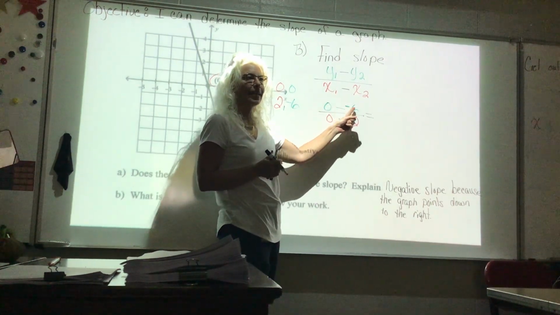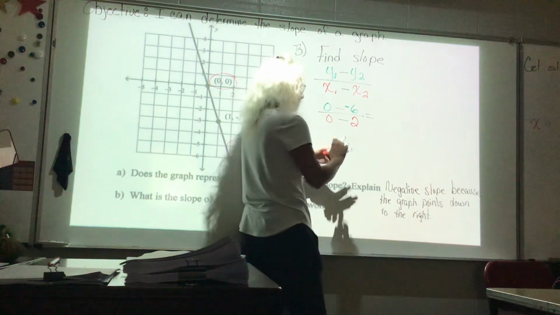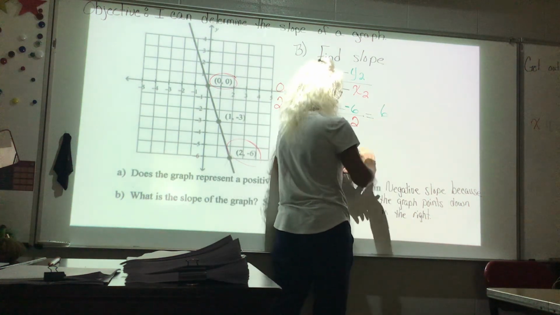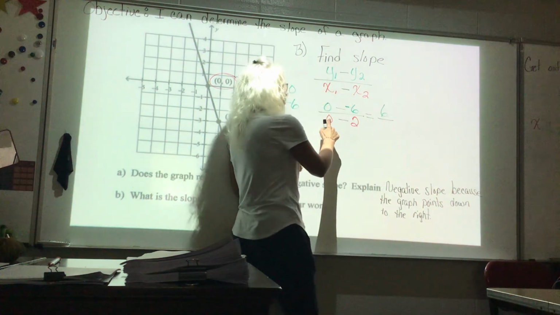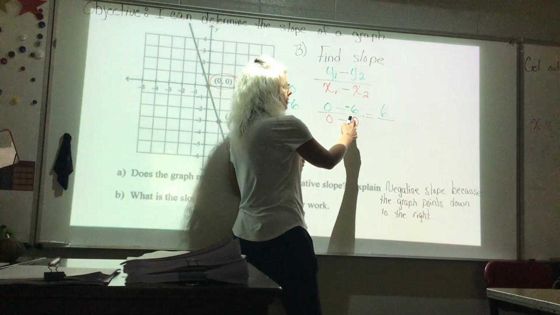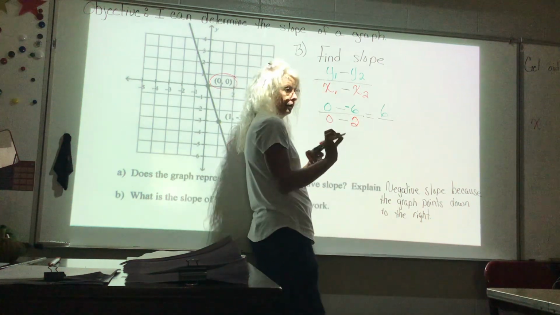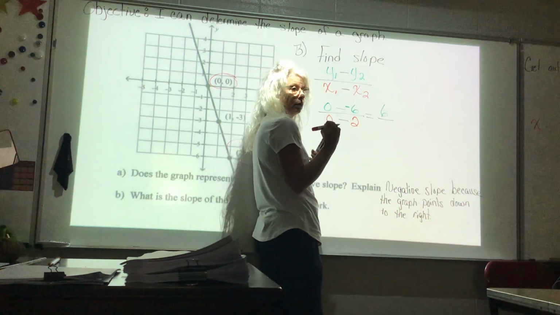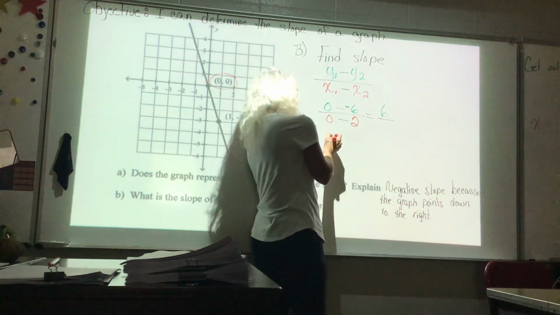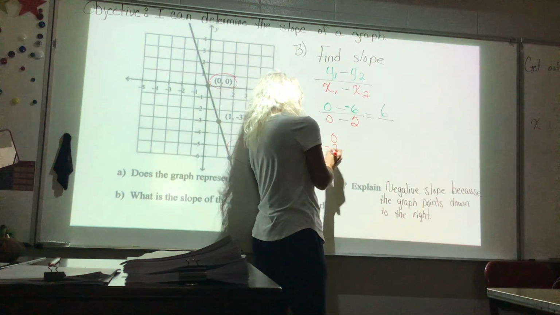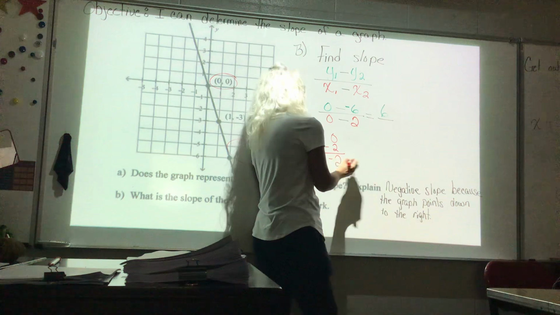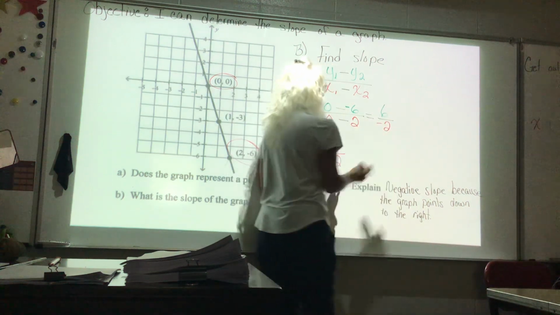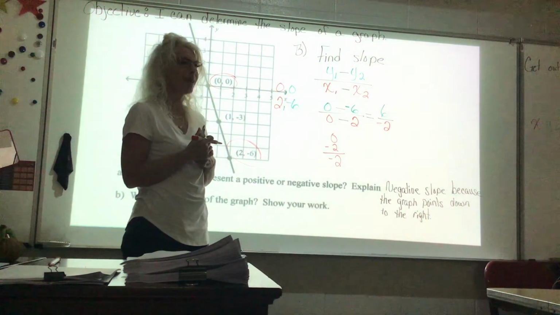Now we're just going to do the subtraction. 0 minus negative 6 is? 6. Positive 6, thank you. 0 minus 2 is? 2. Oh, I thought it was negative 2. It's positive 2, because if you're at 0 and you subtract 2, aren't you going to be at positive 2?